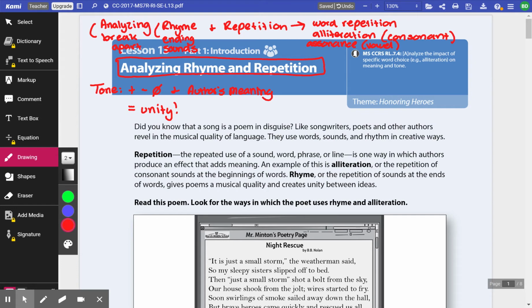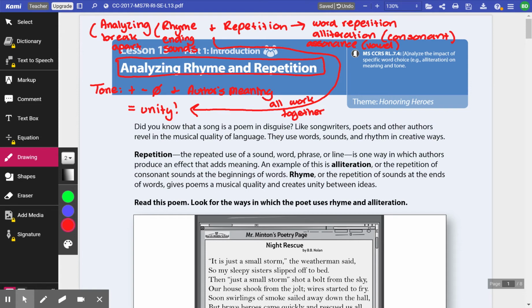And all of these sound devices, rhyme, repetition, are also going to work together to help us create unity. The whole purpose of all of this is to help create unity in tone and the author's meaning.